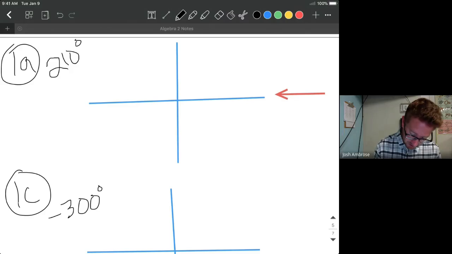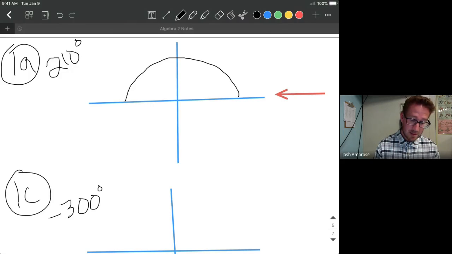So if we are starting in standard position, if we go up to here, that is 90 degrees. Then if we keep going down to here, that is 180 degrees. And then we're probably going to go right about there. That's just a ballpark, maybe about that far, not quite.